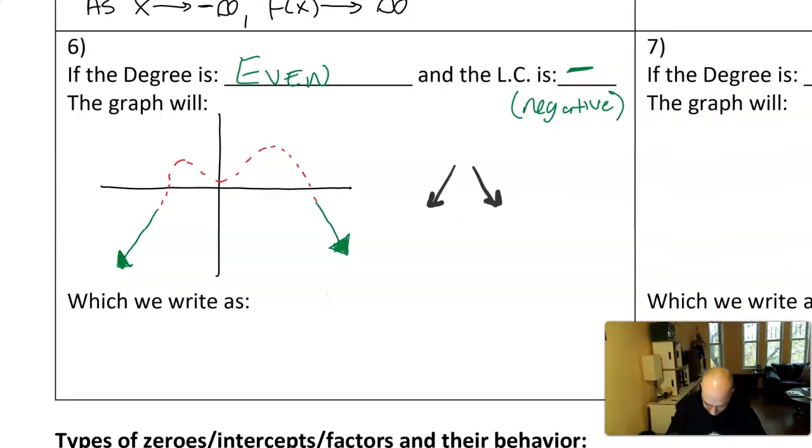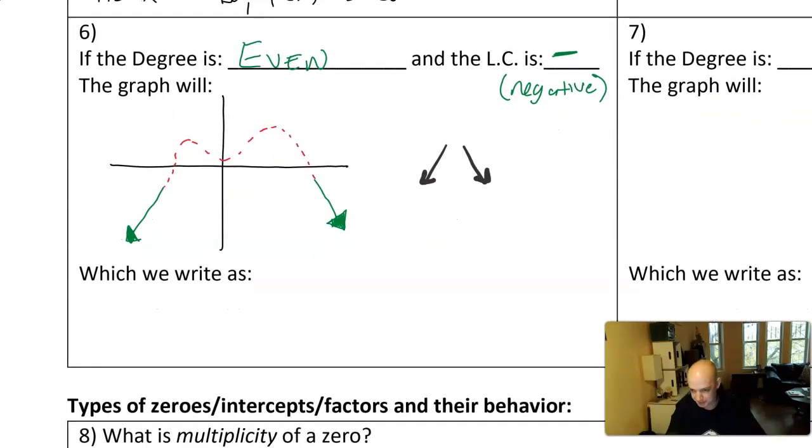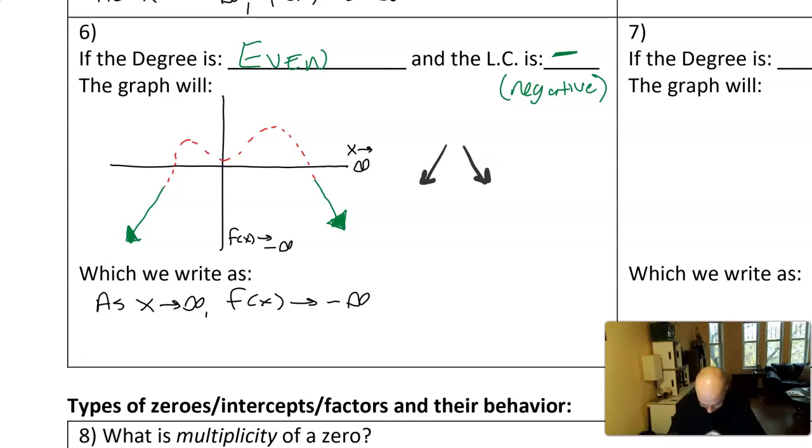But if you were being a little more formal and you wanted to describe the end behavior, you would say, as x approaches infinity, f of x approaches negative infinity. So that's the infinity on the x. And this is the f of x approaches negative infinity on the y.